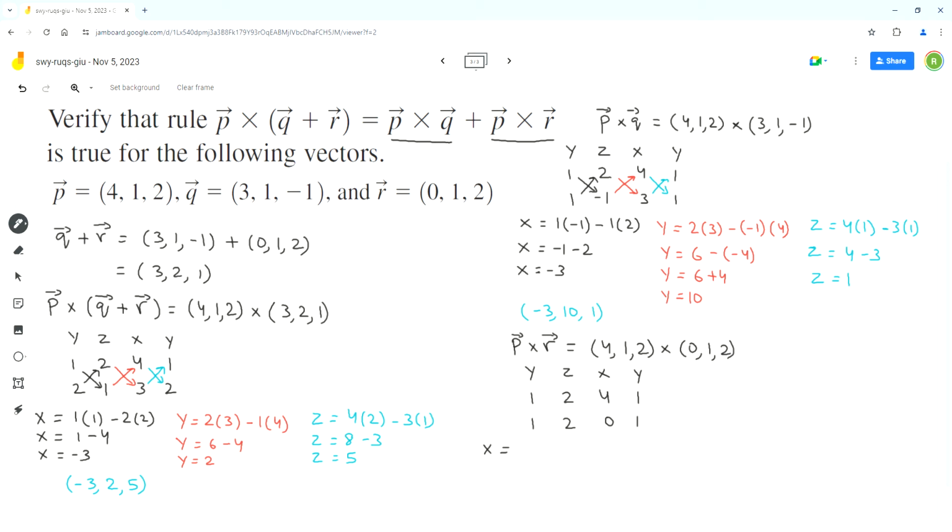So we can calculate the x component of the new vector by cross multiplying the y and z components. Now we can find the y component.